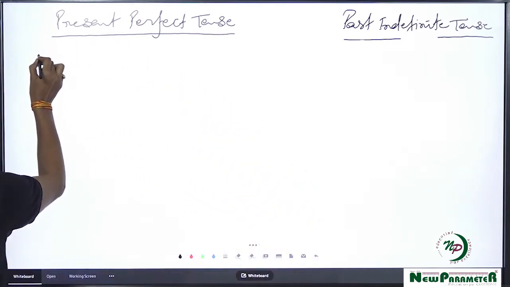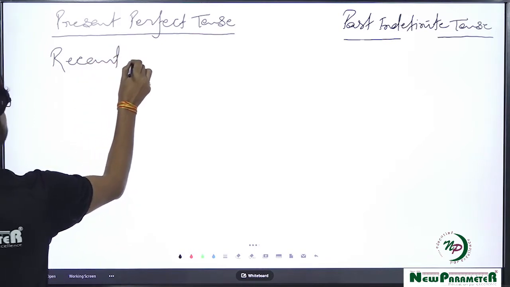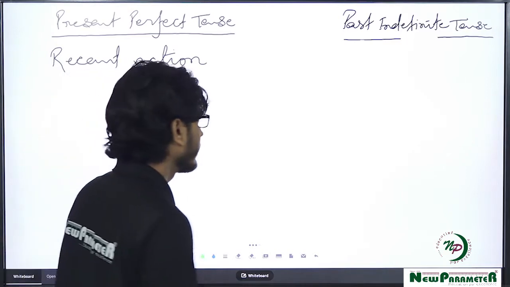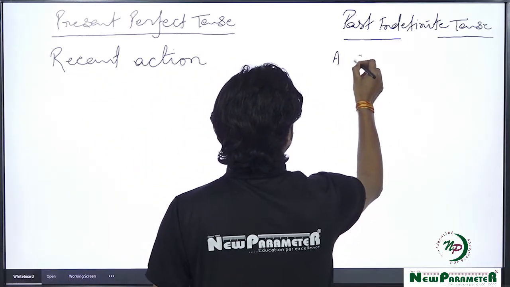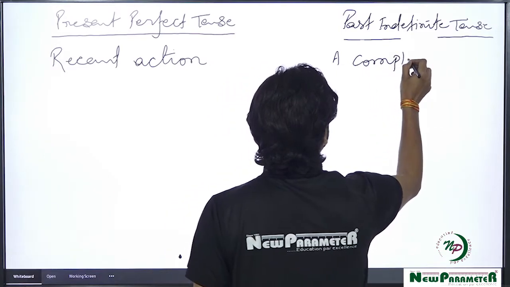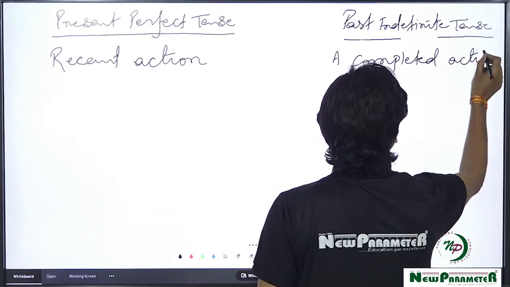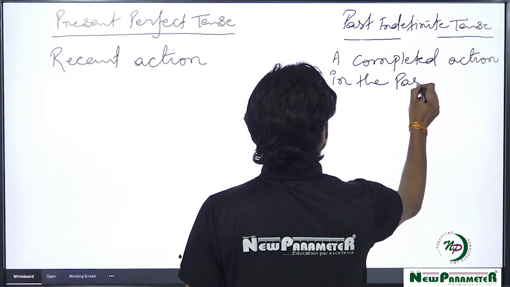Present perfect tells a recent action, and it tells a completed action in the past.